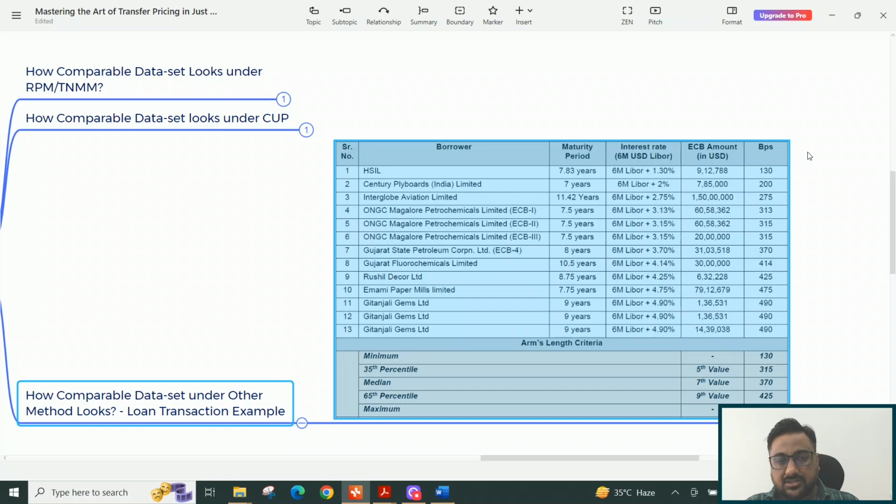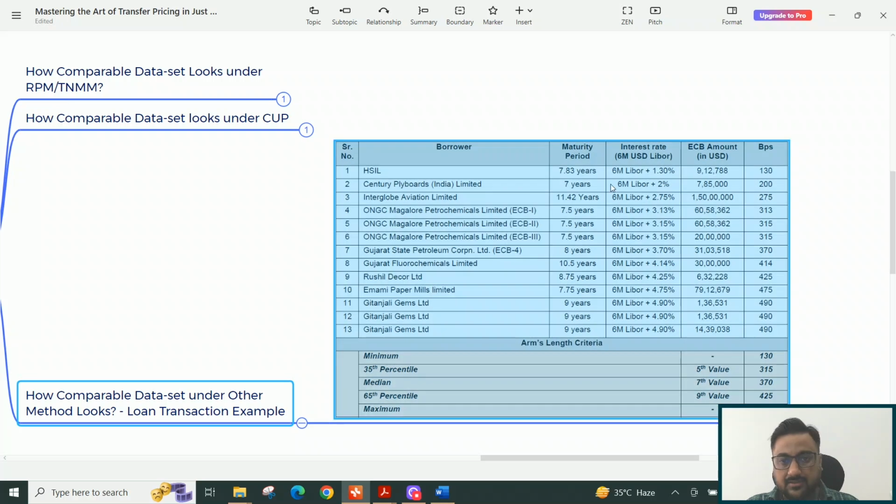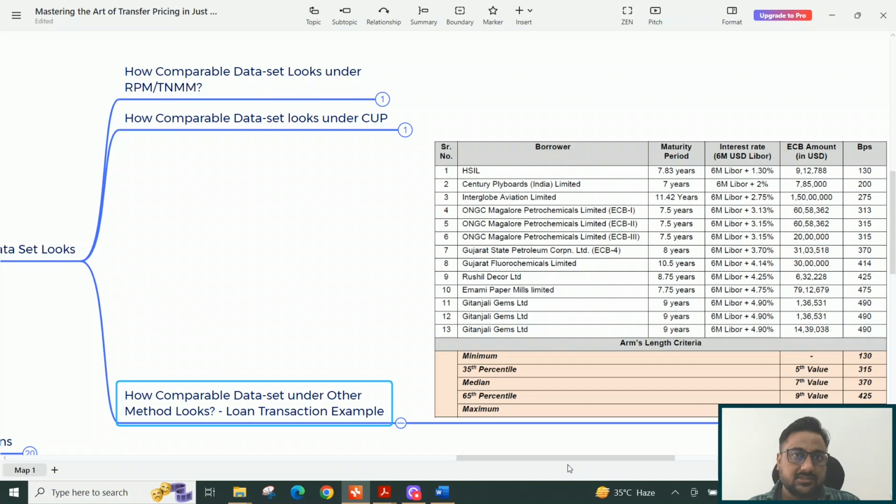So this is how, under the other method, if the ECB transaction has been benchmarked, the data set will look. These are just examples of how a data set looks under each and every method.